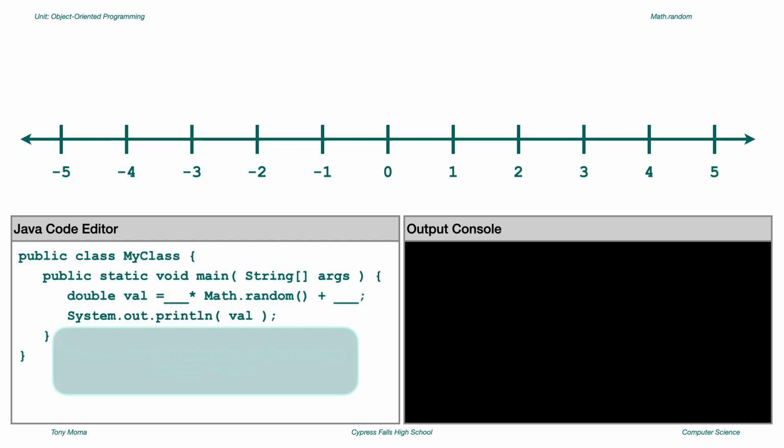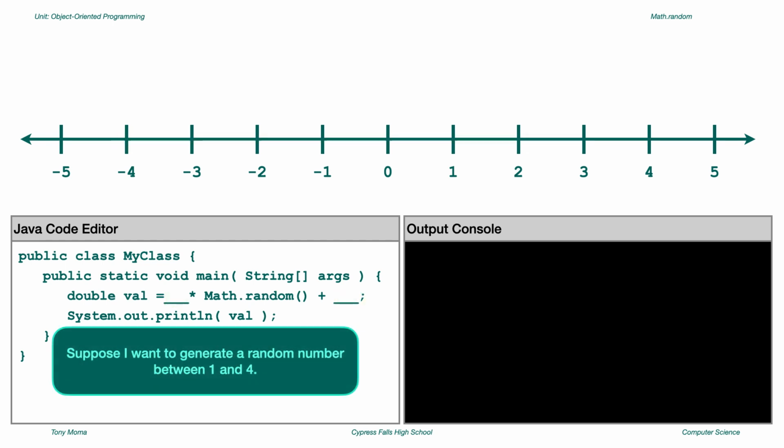One last example. Suppose I want to generate a random number between 1 and 4. Well, in that case, what's going to be the width in this case? What's the end point minus starting point? 4 minus 1 is 3. So 3 will become our width. Now, what's the starting point? Once again, the starting point is given to us in the problem description. It's positive 1.